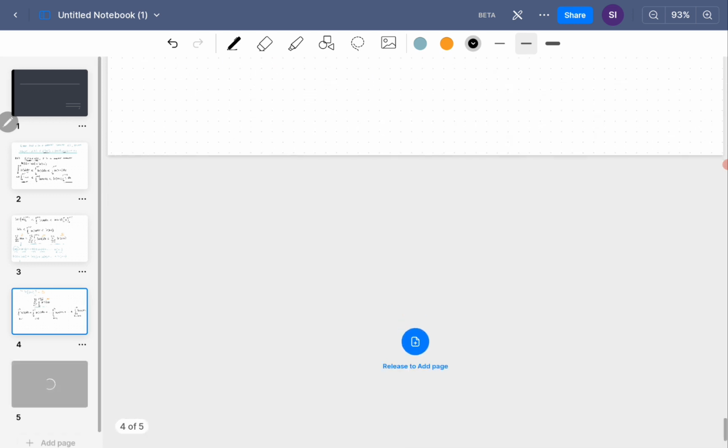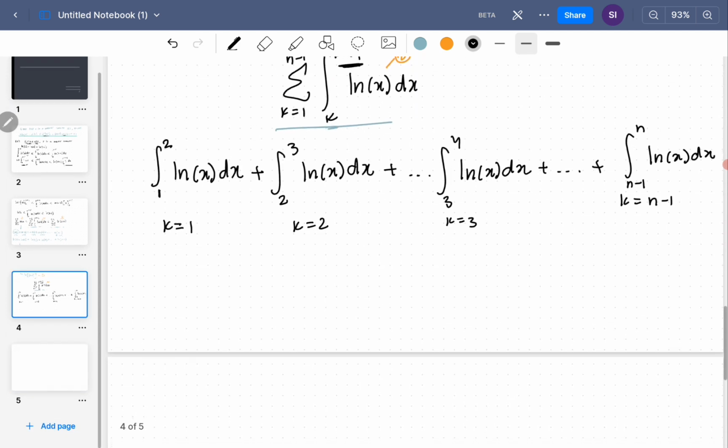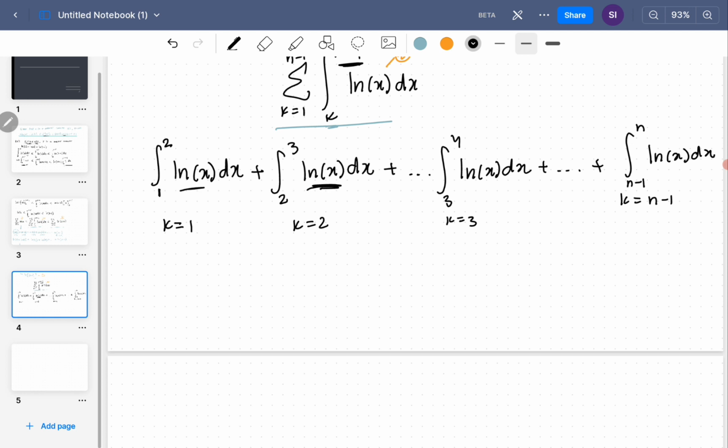Now we have expanded this whole thing, right? Now let's see for a relationship. We see that we have integration 1 to 2, integration 2 to 3, and we see that we're all integrating the same thing, natural log of x. So then this would essentially be equal to integration 1 to n of natural log of x, because that's basically the same thing as its expanded form.